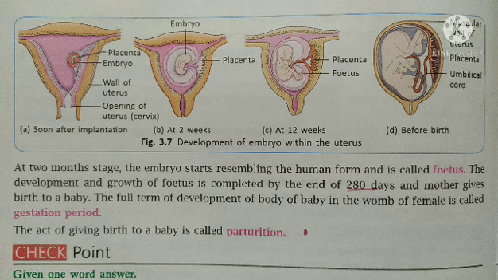This blastocyst gets embedded in the wall of the uterus, which is known as implantation. You should also know that a special tissue develops between the embryo and the uterus wall, and this special tissue is known as placenta.